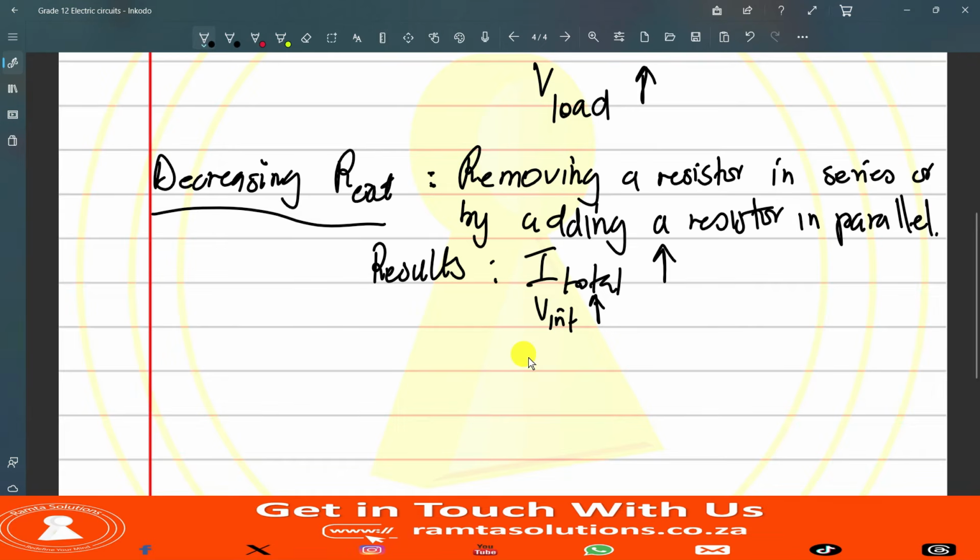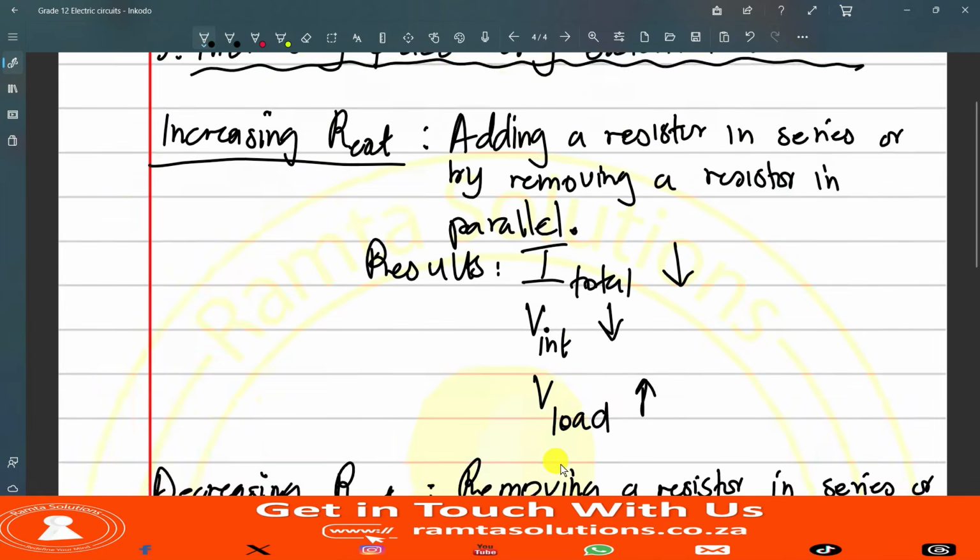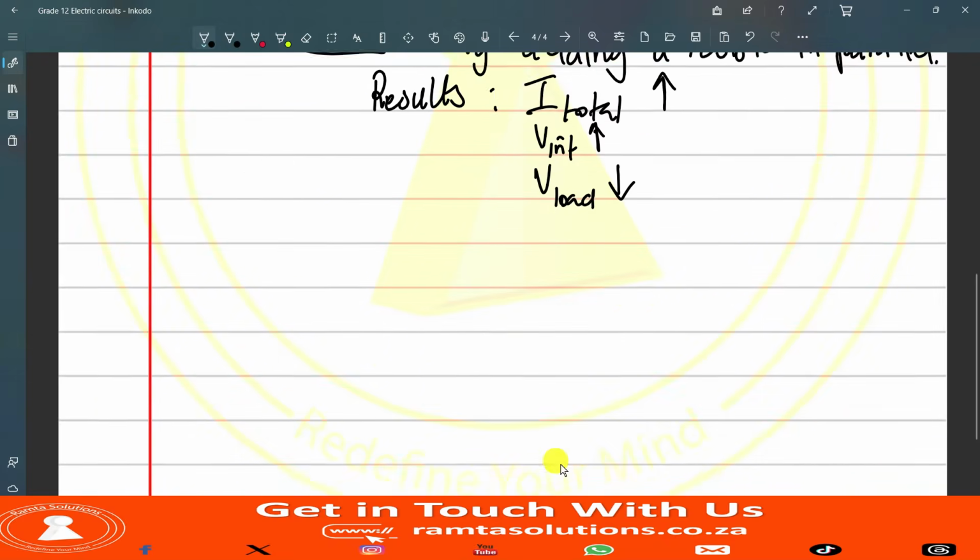And then what's going to happen with the load? External voltage or external potential difference, which we call V load, will decrease, right? You guys get it? This is the effect of increasing and decreasing external resistance.